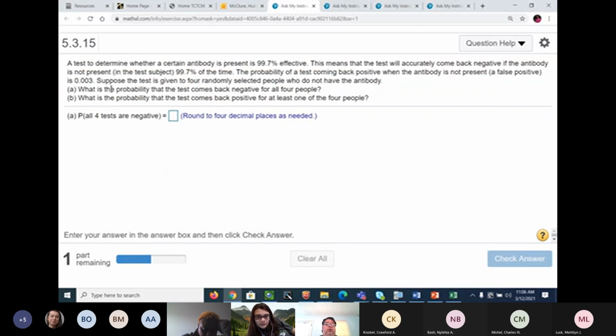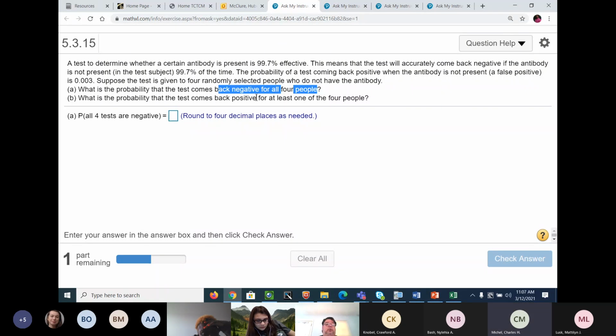The first one says, what is the probability that the test comes back negative for all 4 people? So that would be negative and negative and negative and negative. So A would be the probability of negative and the probability of negative and the probability of negative and the probability of negative. So it would be 0.003 to the 4th.